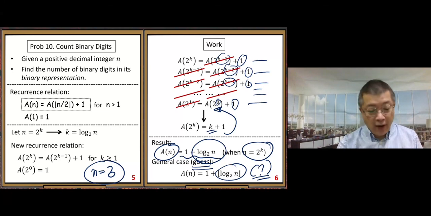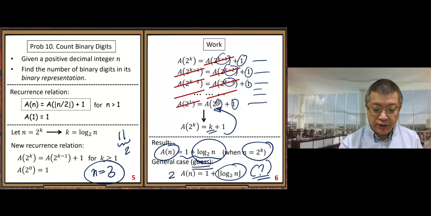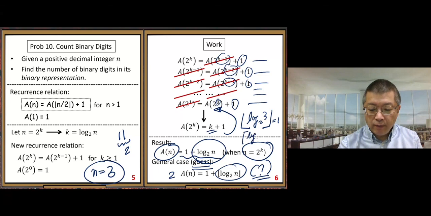You try 3. When you try 3, the binary representation is 1, 1. You count the number of bits, that's 2. So the left-hand side, you get 2. Right-hand side, 1 plus log base 2 of 3. Floor function of log base 2 of 3 is 1. Ceiling function will be 2, right? When you use 1, it's correct: 1 plus 1 equals 2.